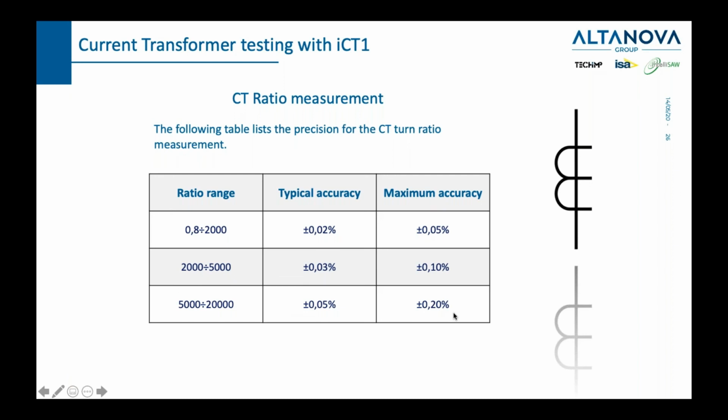Again, I would say most of the CTs lie in this region. Of course, if you have a CT something to 1, then it might also touch this region, but if you have something to 5, then probably you will be in this region here. So very high accuracy on the ratio.